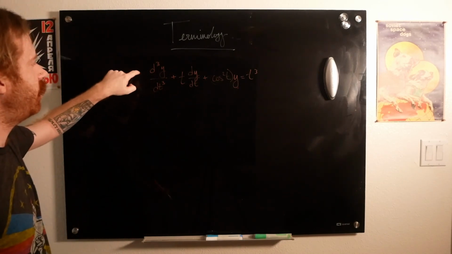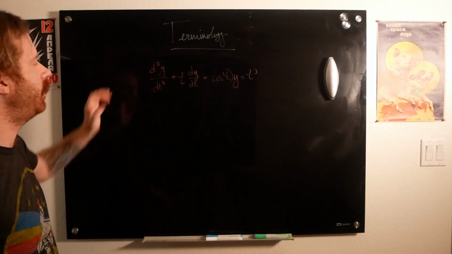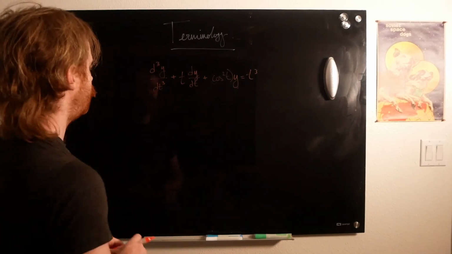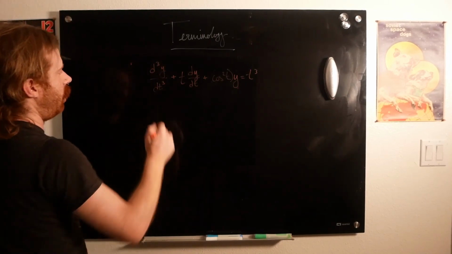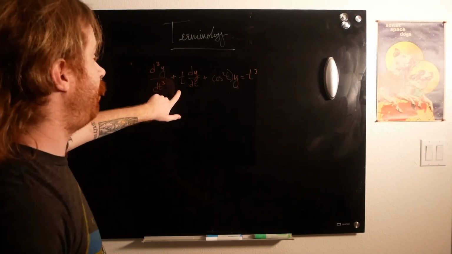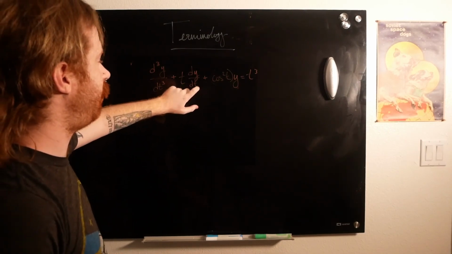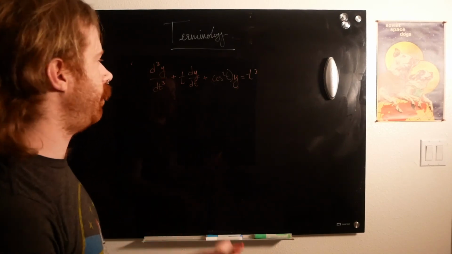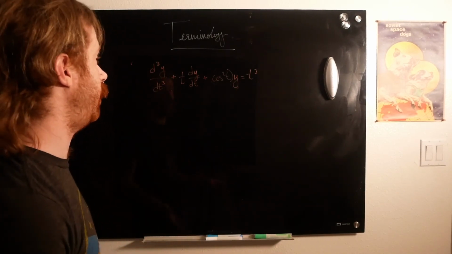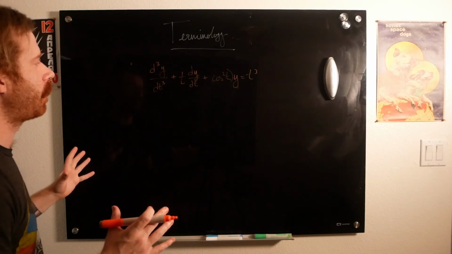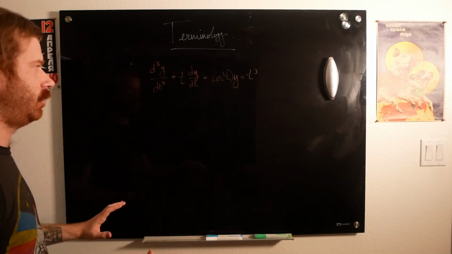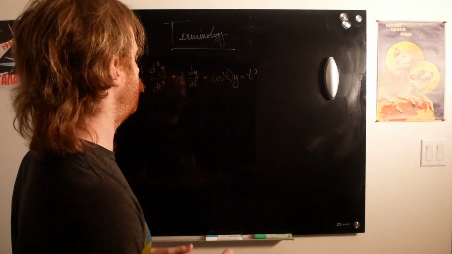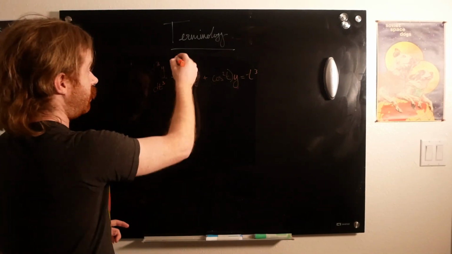So we have the third derivative of y right here, right? And there's not a coefficient attached to it. That's okay. So this is good. Here we only have the first derivative of y. We don't have the second derivative of y, which is okay. It can still be linear. Just because you have a missing derivative term in between doesn't mean that it's not linear. So this is going to be okay too, right?